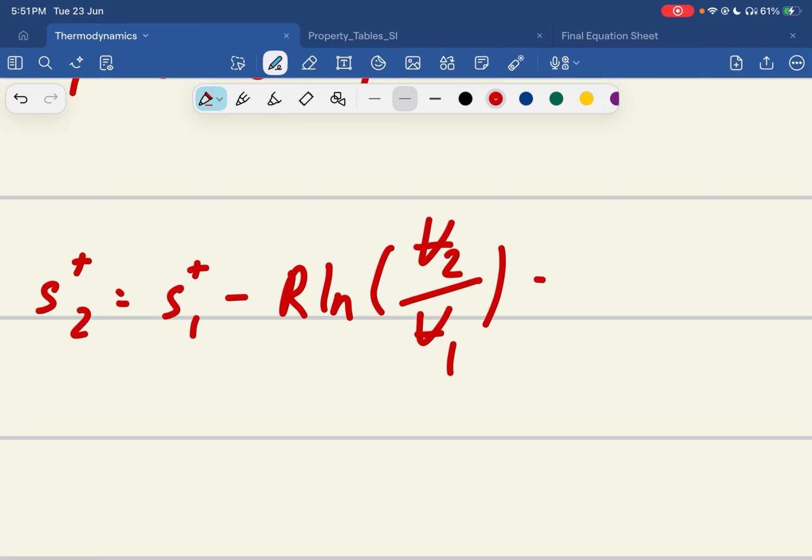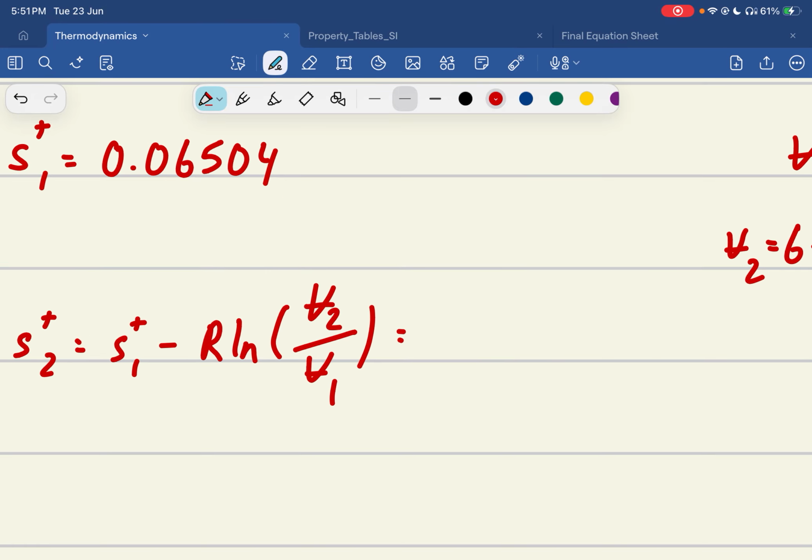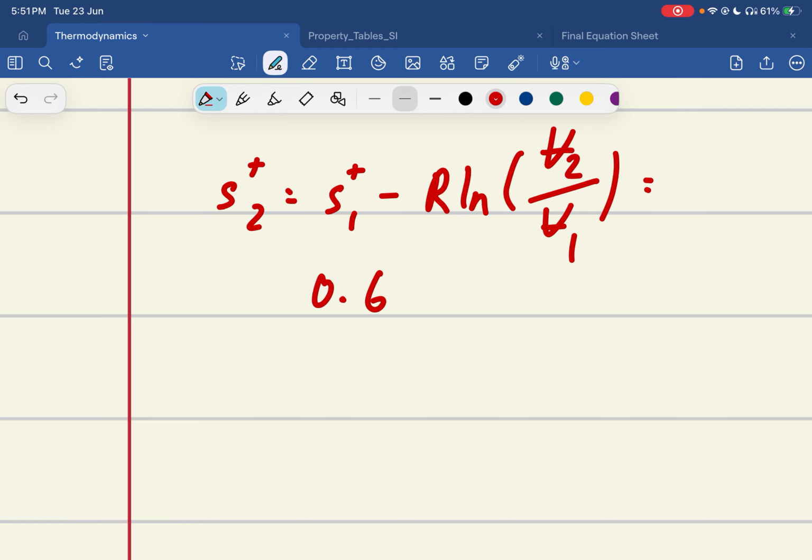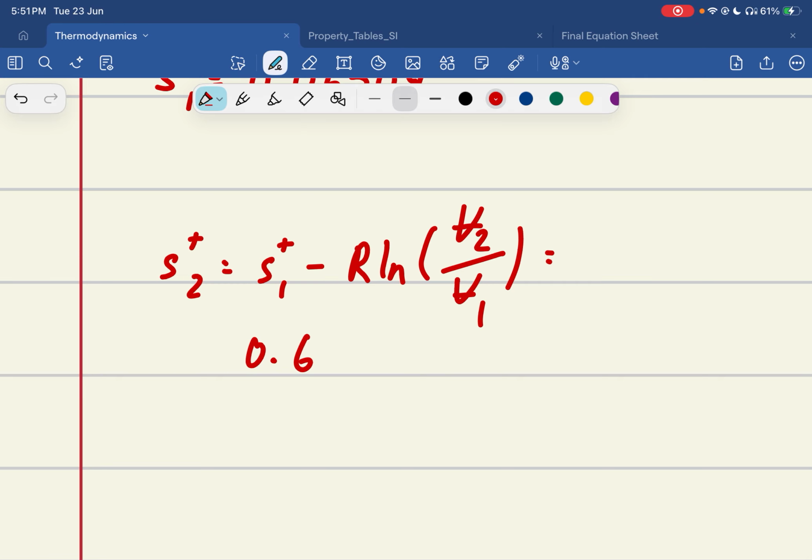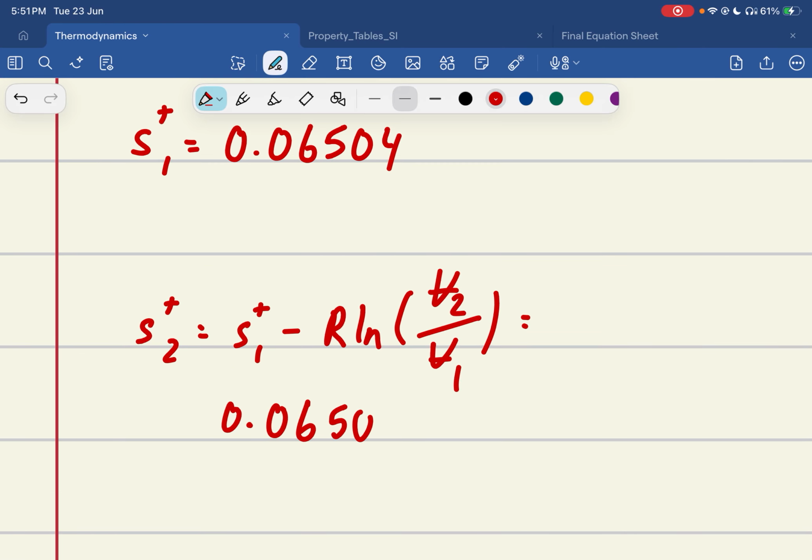So we can say that it's 0.06504 minus 0.287 ln of 0.4 over 6.